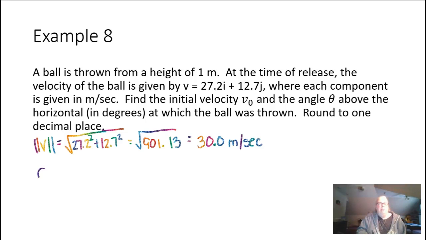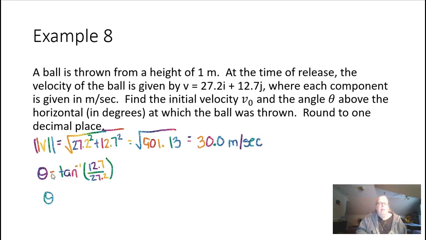Now the angle we can find just by using the inverse tangent. And remember, that's going to be y divided by x, or in this case, 12.7 divided by 27.2.